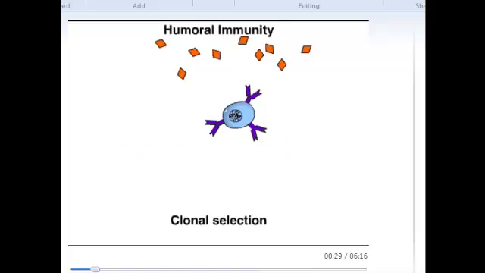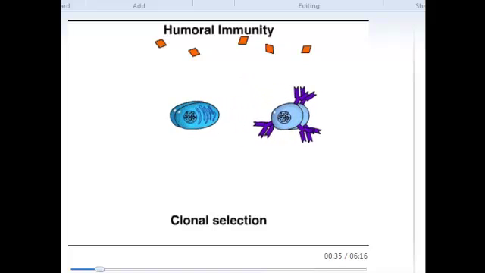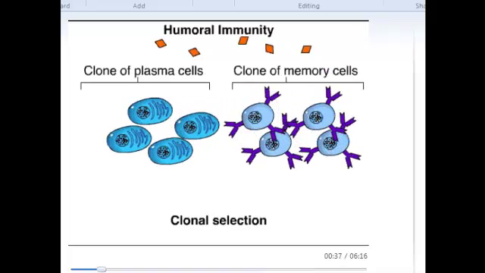The B cell that successfully binds to an antigen is stimulated to proliferate into a clone of cells with the same specificity. This process of antigen-selected proliferation is known as clonal selection. B cell proliferation produces clones of plasma cells and memory cells. Memory cells are long-lived cells that can respond rapidly to future exposures to the same antigen.